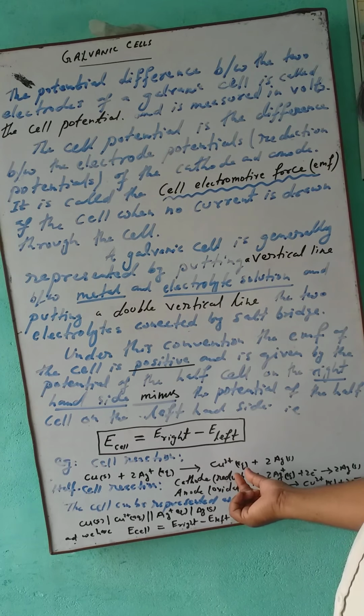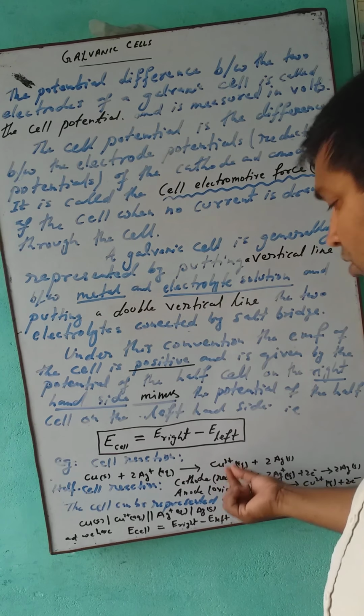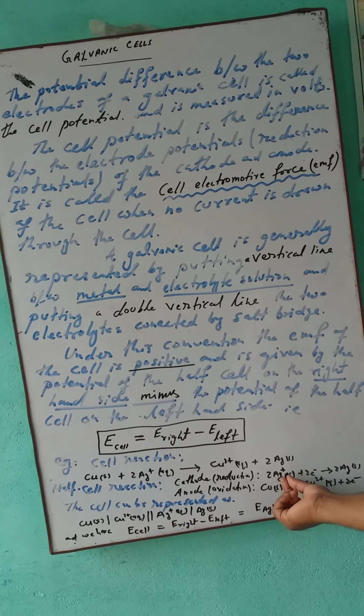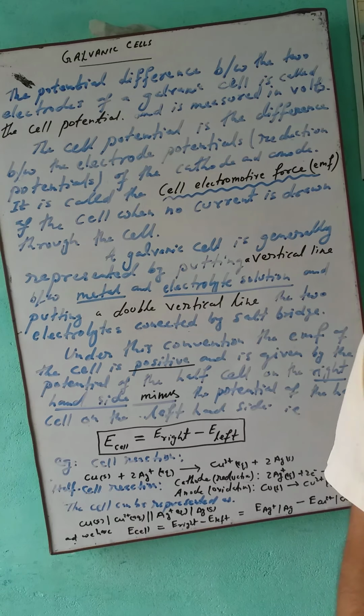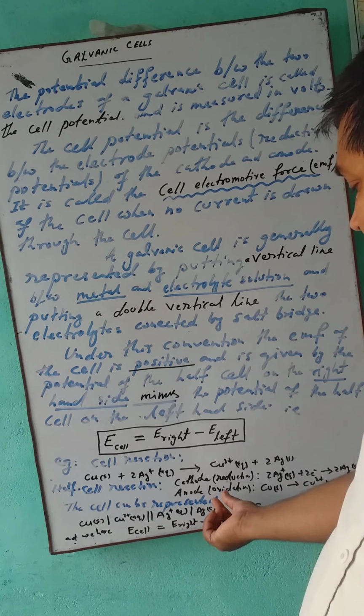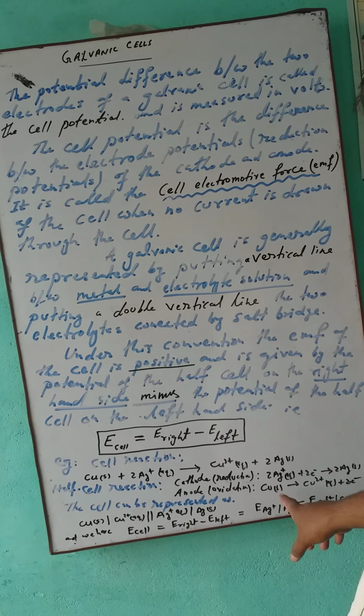Reduction means gain of electrons. So here silver ion gains electrons to form silver metal, so it is the cathode. On the other hand, at the anode oxidation takes place, the loss of electrons. So copper is converted to copper ion and electrons.